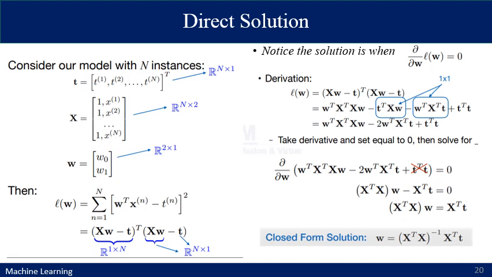So this slide shows the illustration of finding the direct solution, or closed form solution. Consider our model which has n training examples. We have the target values, which form a vector. We have the input feature vectors, and we have weights.